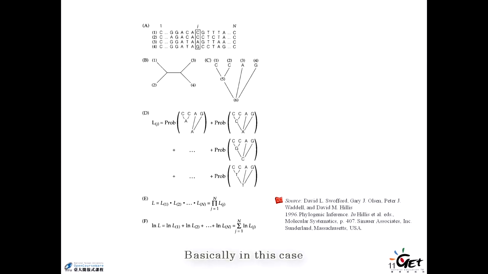Basically, in this case, we move back to the 4-branch problem. For character i, we put the 4 different taxa at the end, 1, 2, 3, and 4. Then it's GGCT in this case, right here. So we want to estimate the likelihood value, I mean the probability for this to happen.